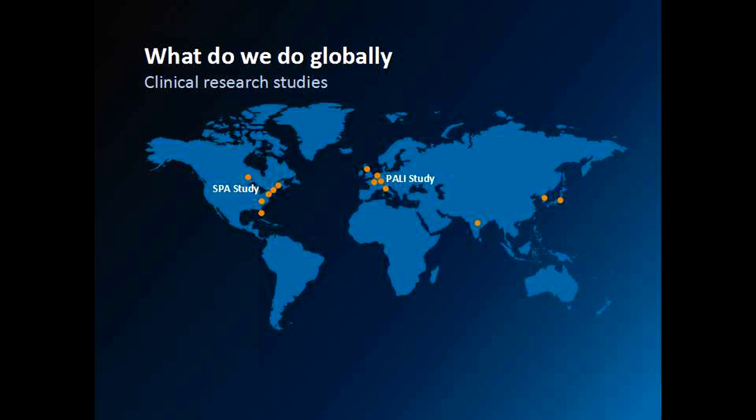I don't know. I hope I can tell you in the future, after we've finished these studies. There are two main studies going on, one in the US and one in Europe, the SPA study and the PALI study. And there are also several studies running here in Asia, and many more apart from these big studies. So I hope I can tell you more in the future.